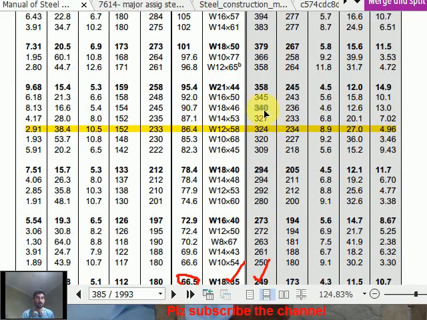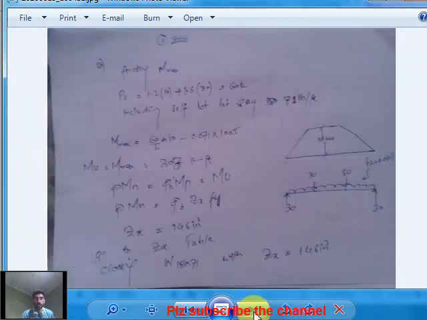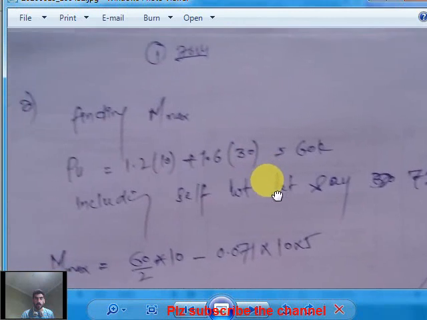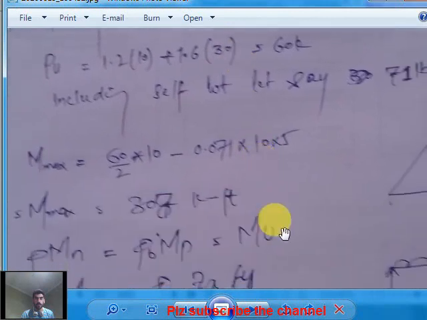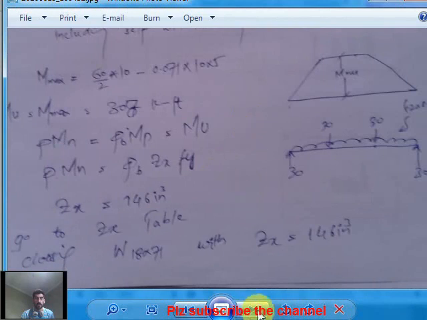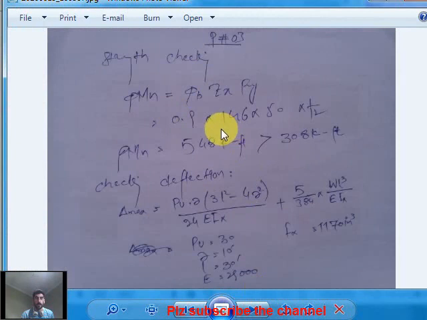Let's conclude. Okay, now let me check it. Yeah, I did these calculations. Okay, see it. Again, these are my trials, different trials which I make to make the calculation simpler, and to select a section easily.